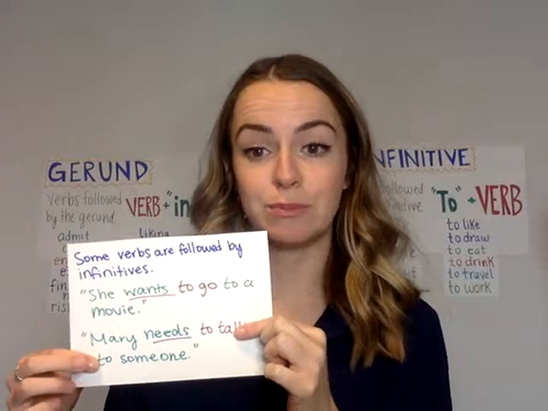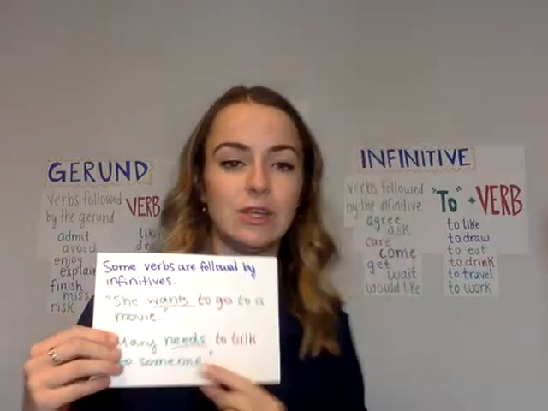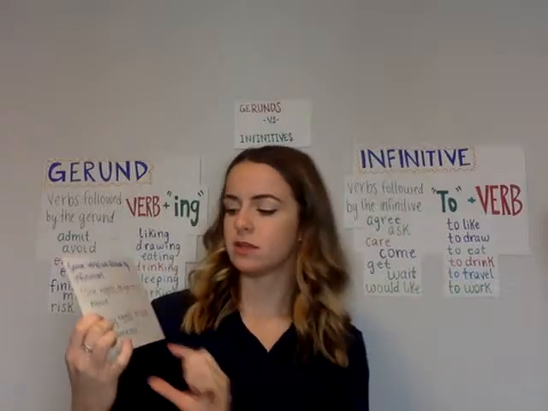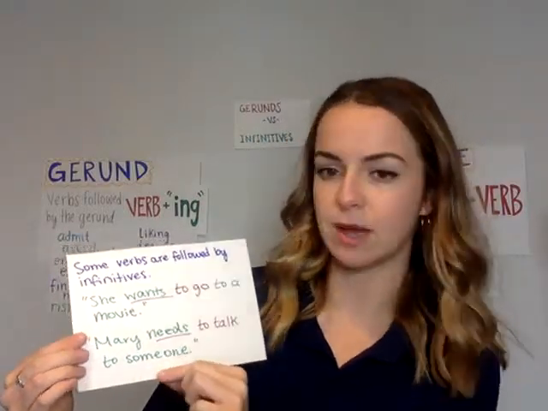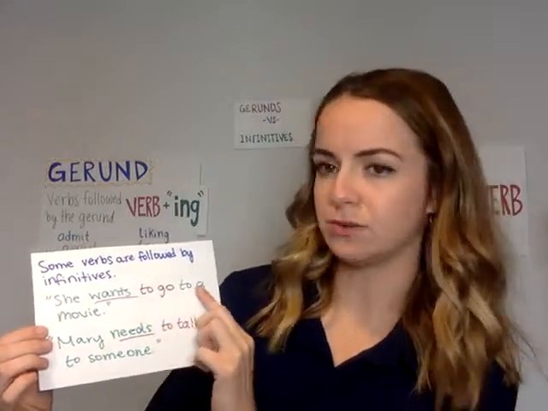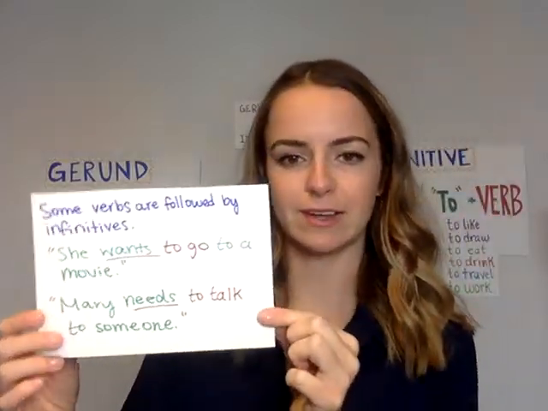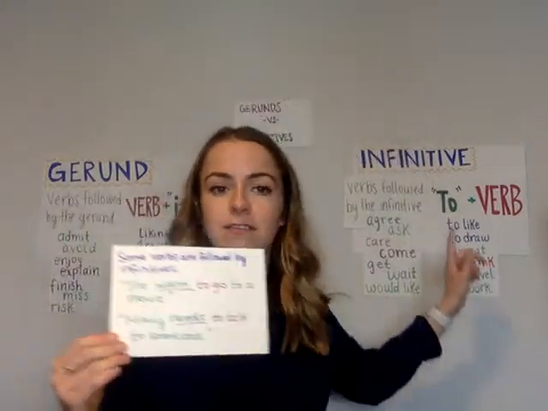I would like you to practice with want and need using the infinitive. So my example is Mary needs to talk to someone and she wants to go to a movie. Can you practice using want and need plus the infinitive of the verb.